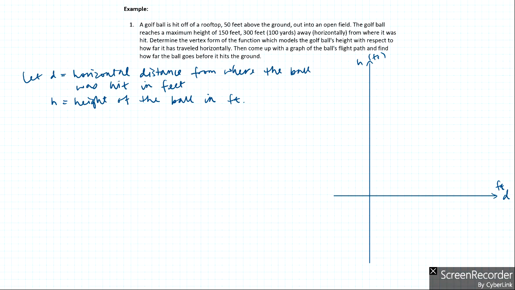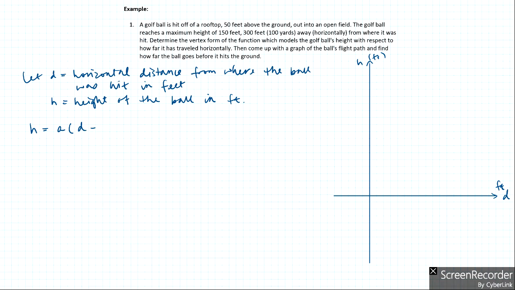Here, or the equation form, we can say h is dependent on the distance, or h is related to the horizontal distance. Here we can say this is equal to the standard form, being a times... normally we would use x, but in this case we have the horizontal axis defined to be d, so we can just use d over here, minus whatever the vertex coordinate is.